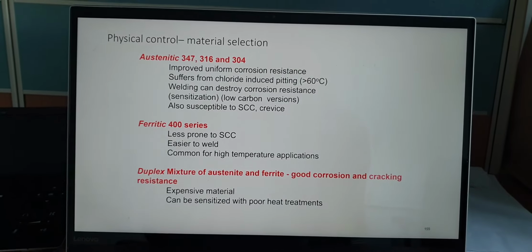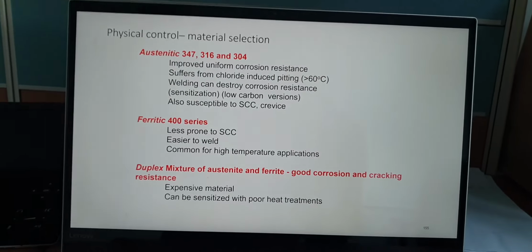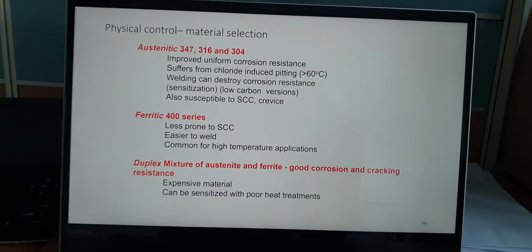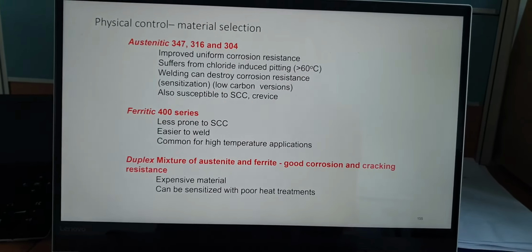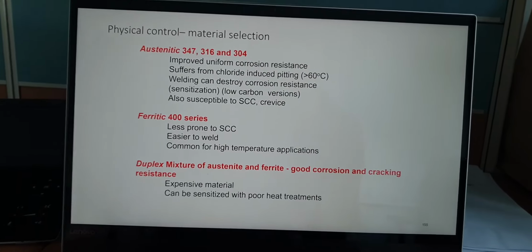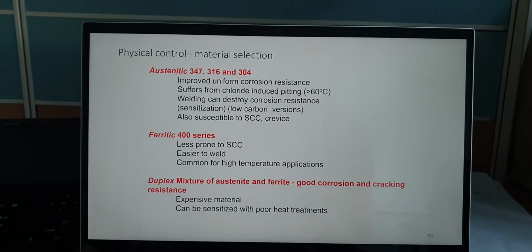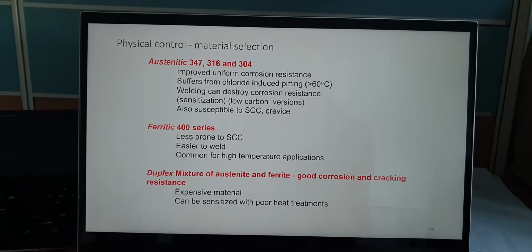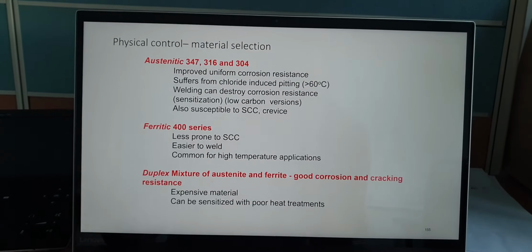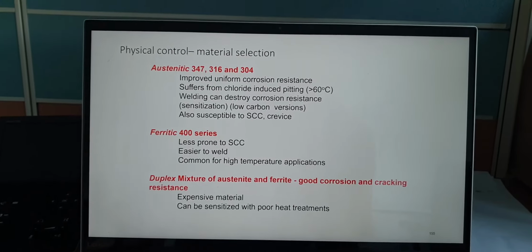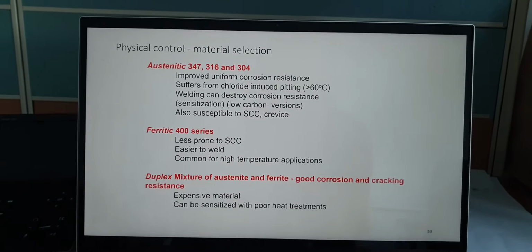The typical materials when we are trying to upgrade steel to something better: the first ones we look at are the 300 series, which is basically the austenitic stainless steel. Definitely it improves uniform corrosion, it's stainless steel. However, it suffers from chloride attack when the temperature is higher than 60 degrees.